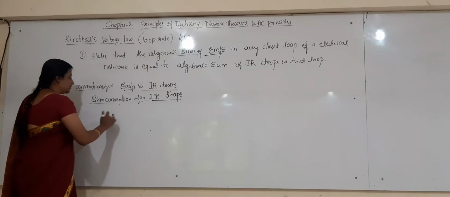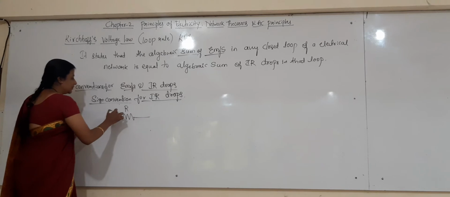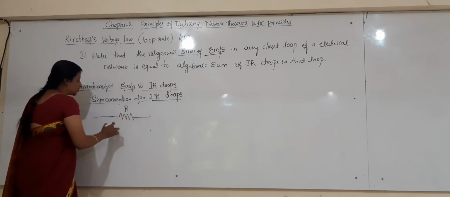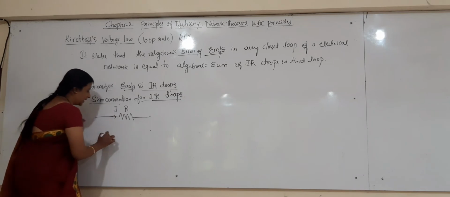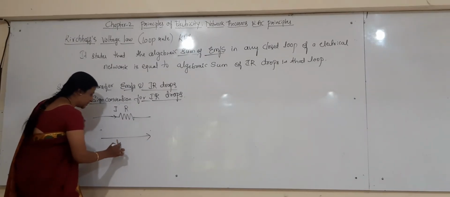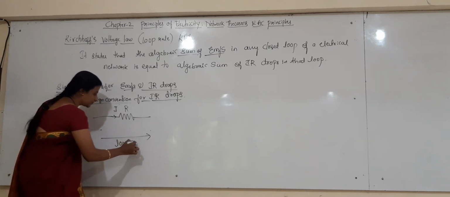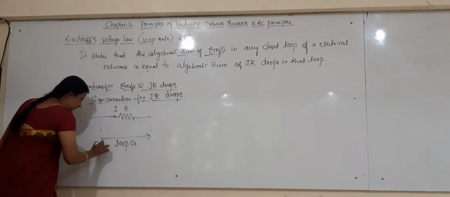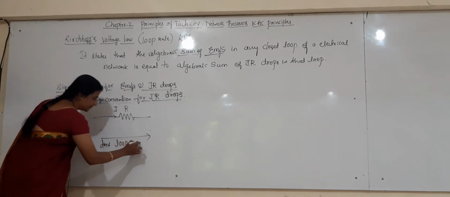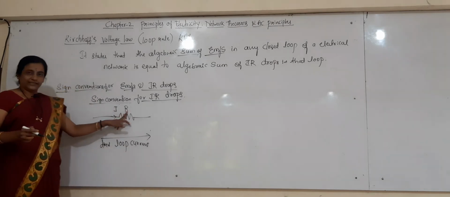So, IR drops means consider a resistor here. So, this resistor is there. Along with that what happens, current flows in this direction, as well as the loop current is also in the same direction. The same concept here, direction of loop current and direction of current flowing through the resistor.